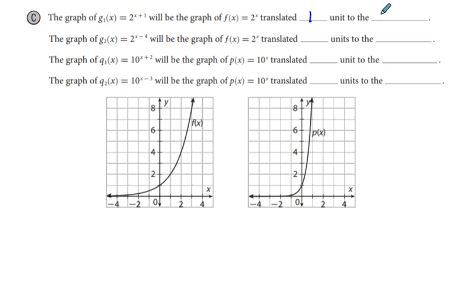So we're going to translate 1 unit to the left. And you should remember that from all the other functions we've been doing this year. Okay, next, the graph of g of x equals 2 to the power of x minus 4. It's the graph of f of x equals 2 to the power of x translated 4 units, x minus to the right. So 4 units to the right.